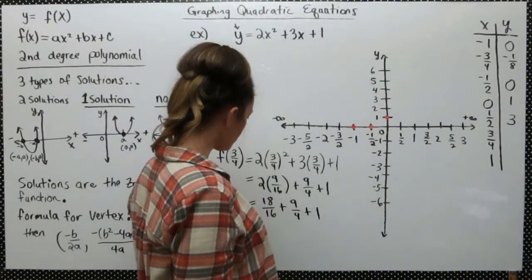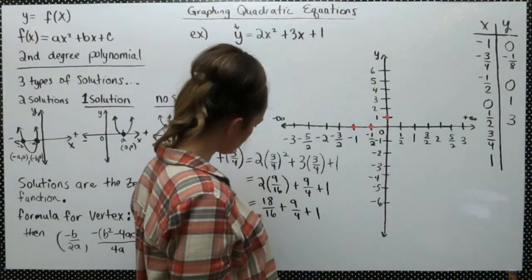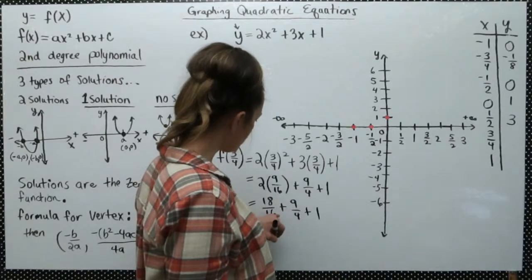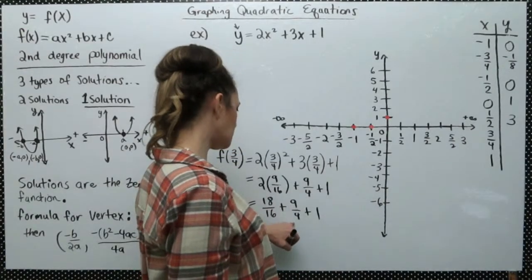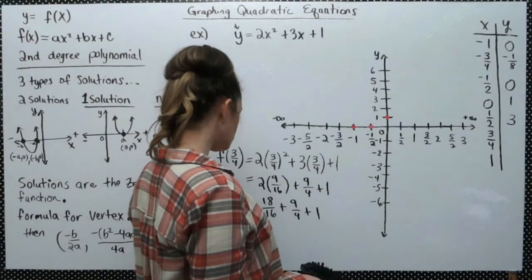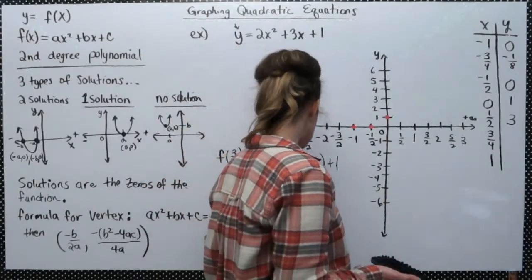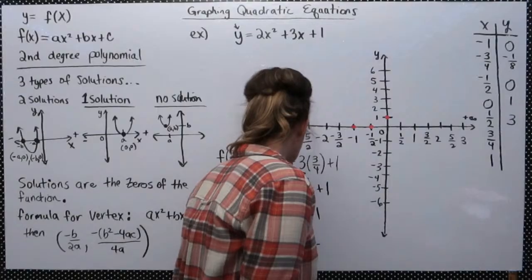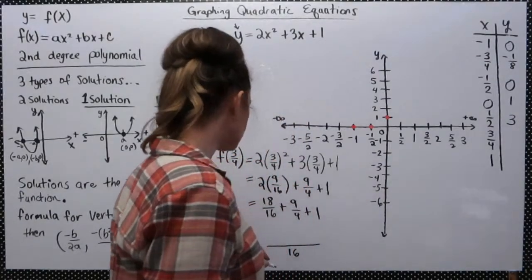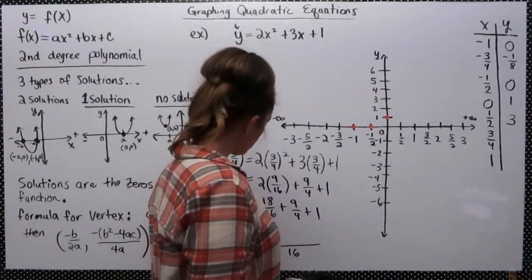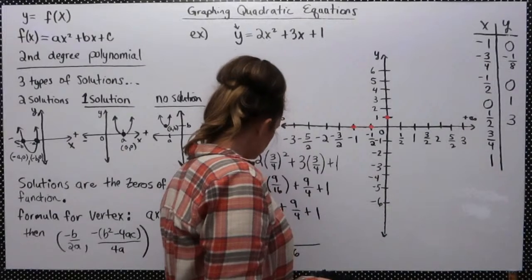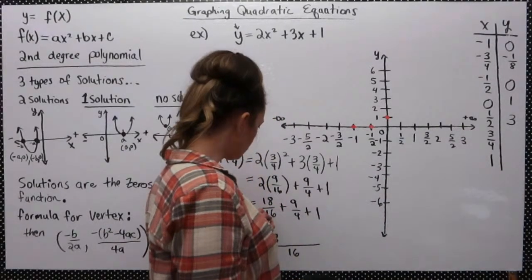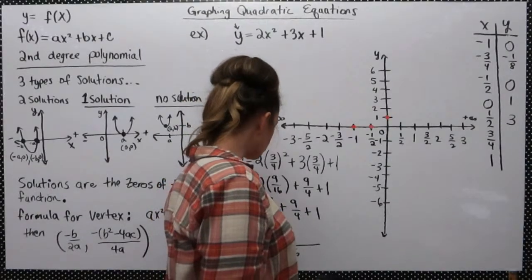Now, it might serve me to go ahead and simplify this. However, I'm not going to be able to simplify it down where it's going to have a common denominator. So we could just use 16 as the common denominator if you wanted to. We'll get a big fraction. It's okay. We'll reduce it later. So we have 18. And then 4 times 4 is 16, so 9 times 4 is 36.